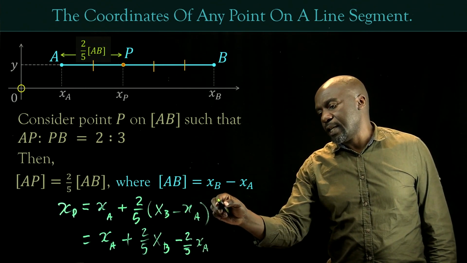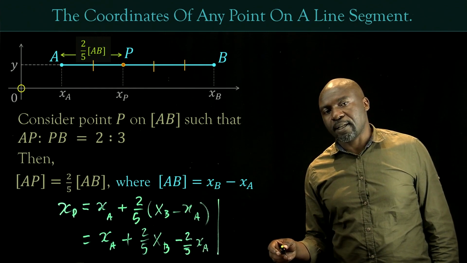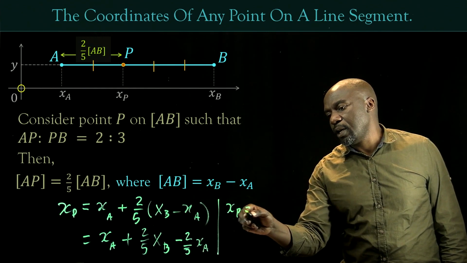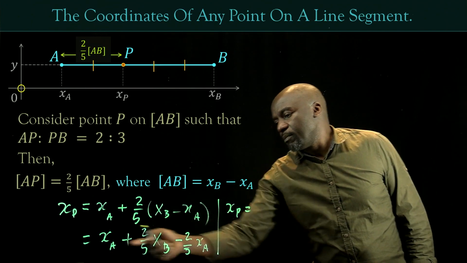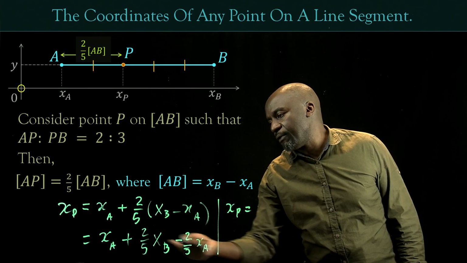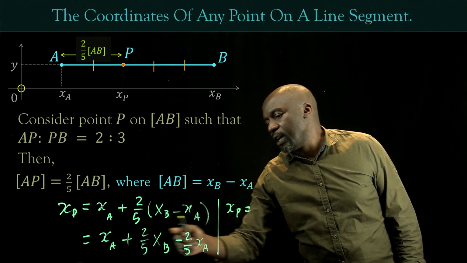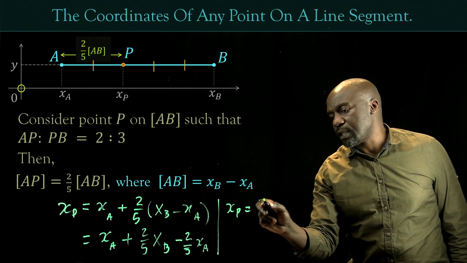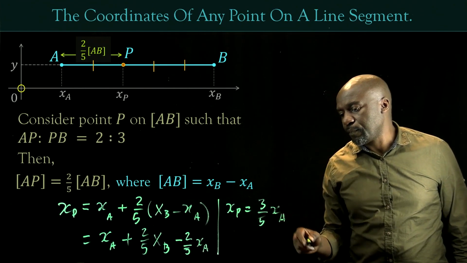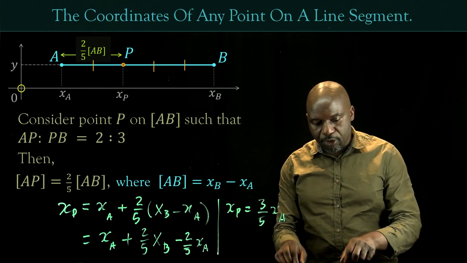Now I have an XA here and I have minus 2/5 of XA. So I can say then that my answer is that XP, the x-coordinate of point P, must be this: 1 XA is the same as 5 out of 5 XA. So 5 over 5 minus 2 over 5 must be 3 over 5 XA.